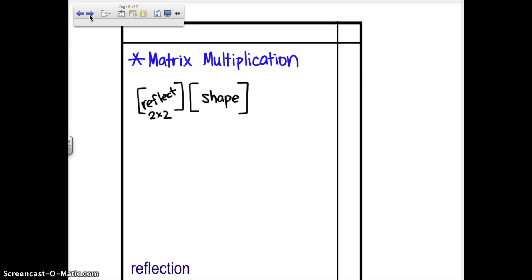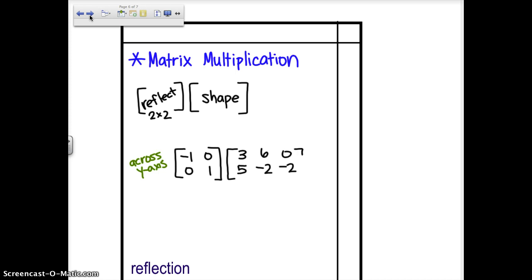So for example, let's say we wanted to reflect across the y-axis. To do that, and you want to be sure you write this down, we would use the matrix -1, 0, 0, 1. That is the matrix we use for reflecting across the y-axis. So we multiply our ordered pair matrix by that one.